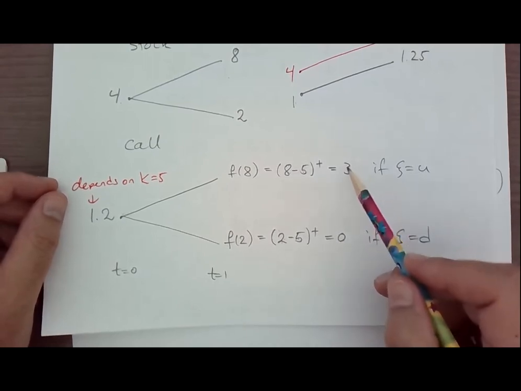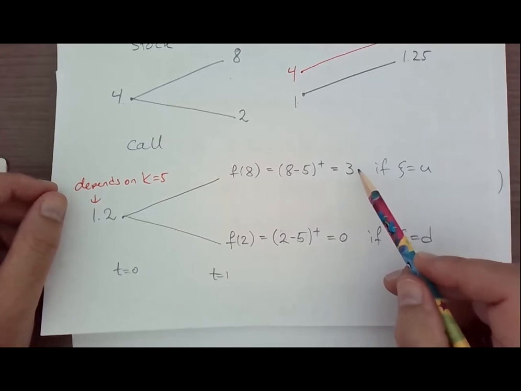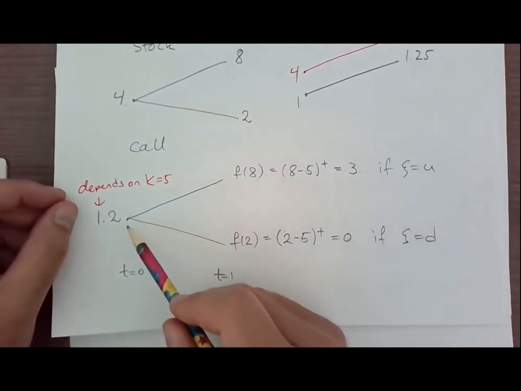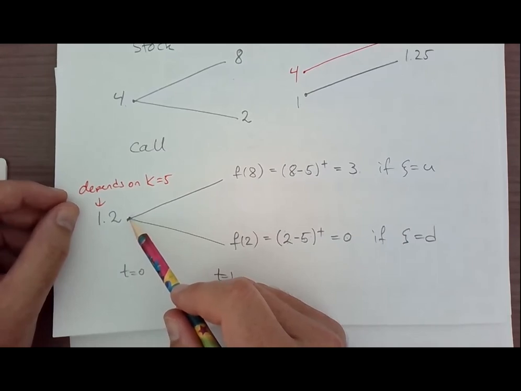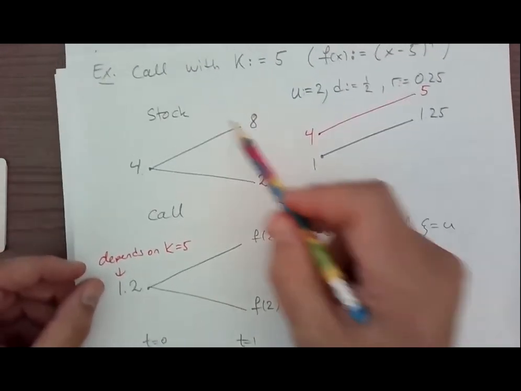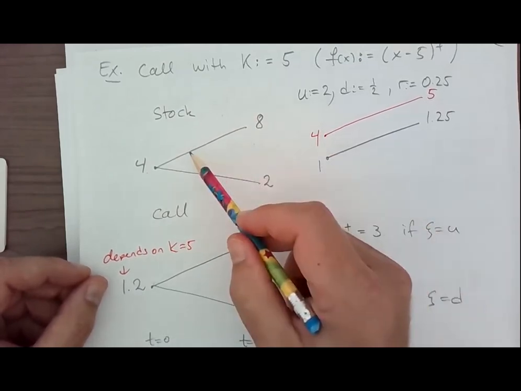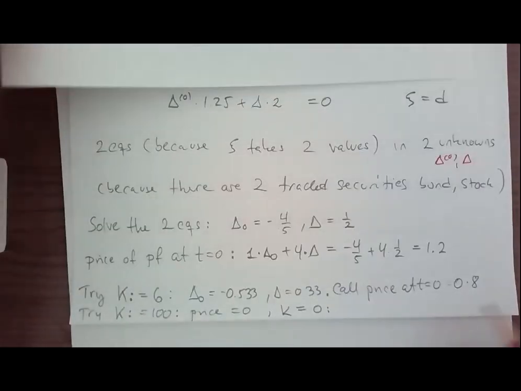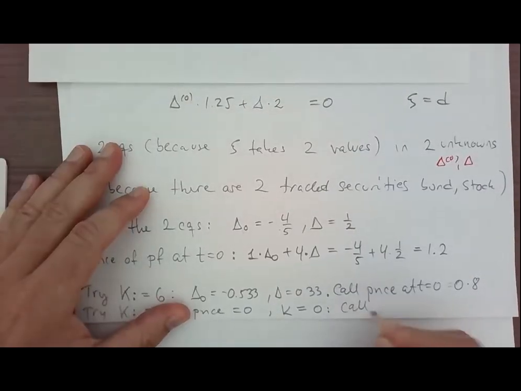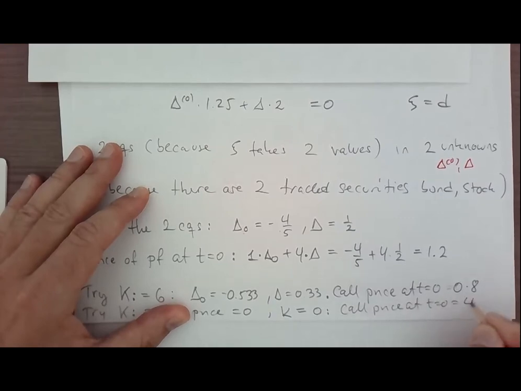So we're going to get the payoff 8 and 2. And what is the value of the payoff 8 and 2 at time 0? Well, 8 and 2 is exactly the stock. And what was the value of the stock at time 0? The value of the stock was equal to 4. So you're going to get call price at time 0 equal to 4.